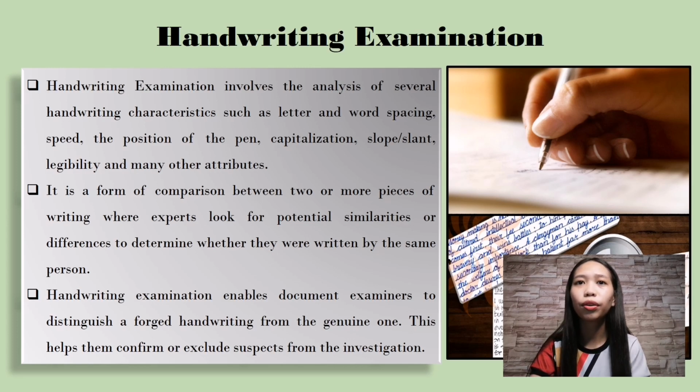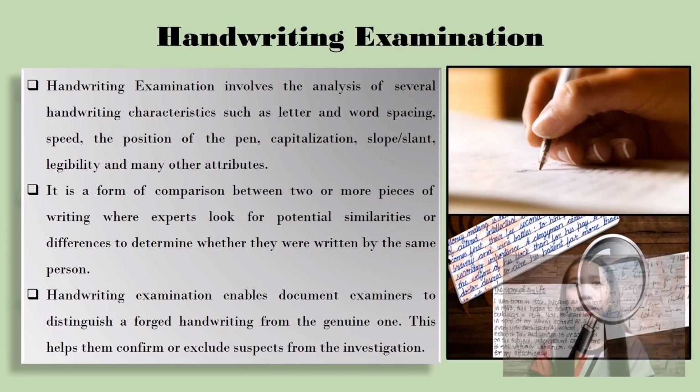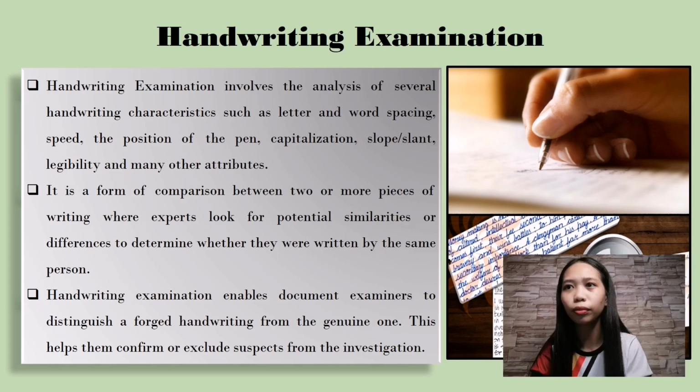It is a form of comparison between two or more pieces of writing where experts look for potential similarities or differences to determine whether they were written by the same person. Handwriting examination enables document examiners to distinguish a forged handwriting from the genuine one. So this helps them confirm or exclude suspects from the investigation.